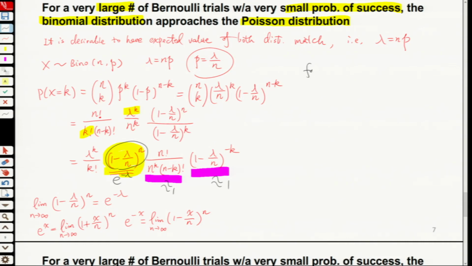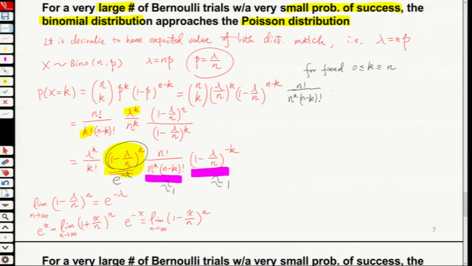So now let's have a look at the first one. For fixed k with 0 less than k less than n, we have n factorial over n^k times (n minus k) factorial.